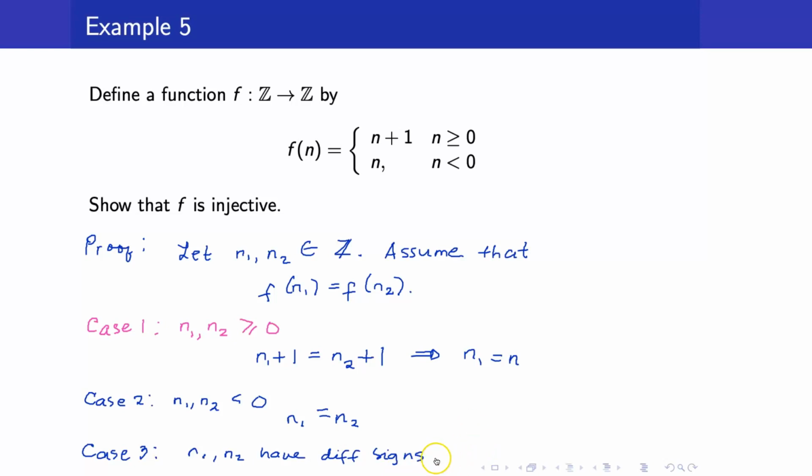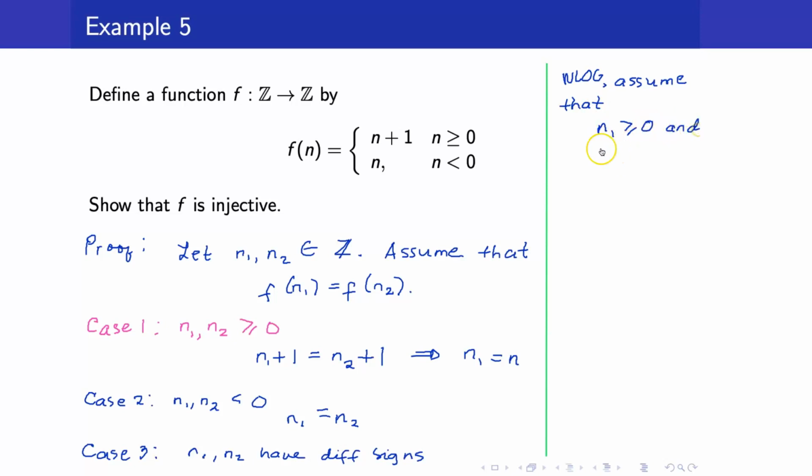Okay, so without loss of generality, I should just put my proof here. So this is the continuation of case 3. So without loss of generality, that's the meaning of that one. Assume that n1 is greater than or equal to 0 and n2 is less than 0.